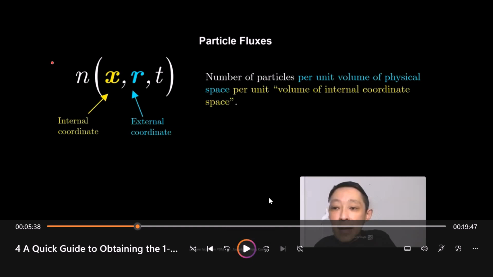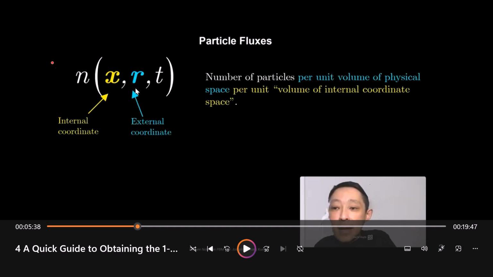In the population balance model, x is the internal coordinate and r is the external coordinate. In other words, these two are similar to each other. One describes the external coordinate and the other describes the internal coordinate.